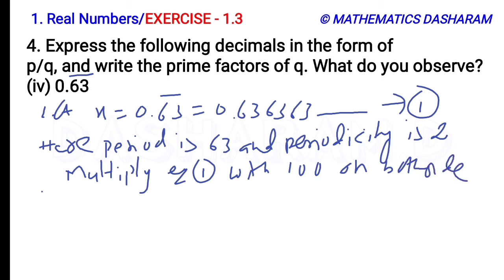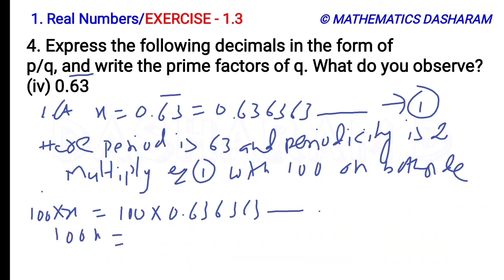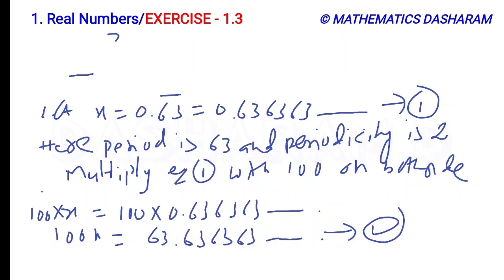So then LHS is x multiplied with 100, RHS is 0.636363 dash, 100x equals 63.636363 dash, equation 2.